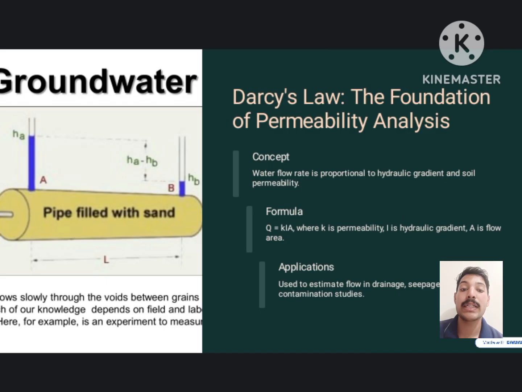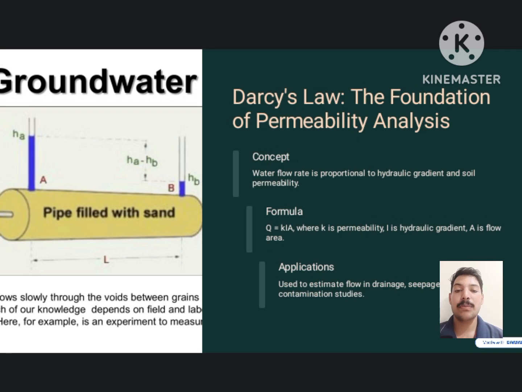Next, Darcy's law, the foundation of permeability analysis. The concept of permeability is best explained using Darcy's law. Henry Darcy in 1856 conducted experiments on water flow through sand filters and proposed this law.